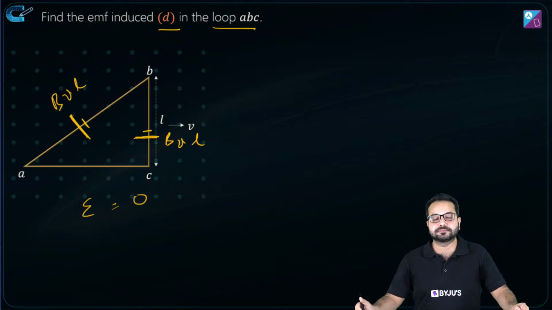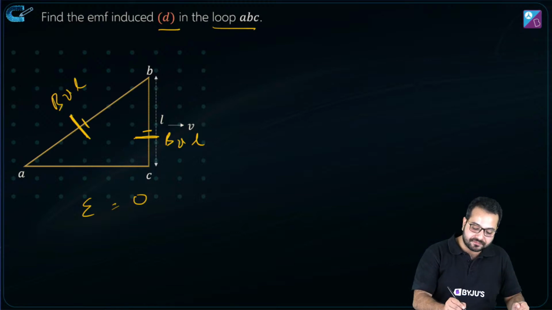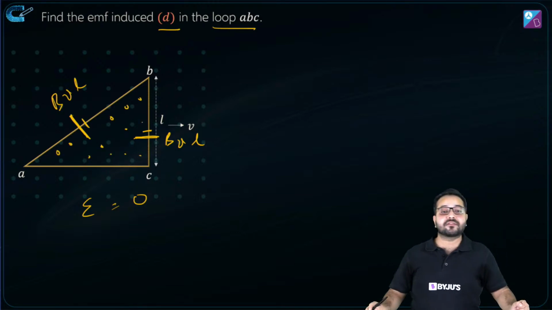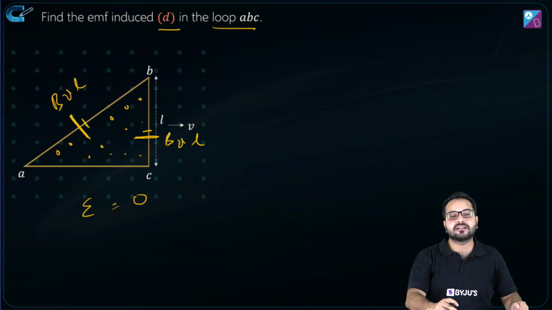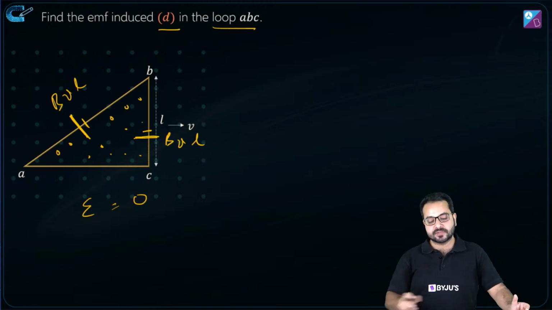Is that correct? Another way to look at it was that what is the flux through this loop? Now the magnetic field is uniform and the area of the loop is also uniform. So when it is moving, the flux of the magnetic field through the area is not changing. So the flux through this loop is also not changing.